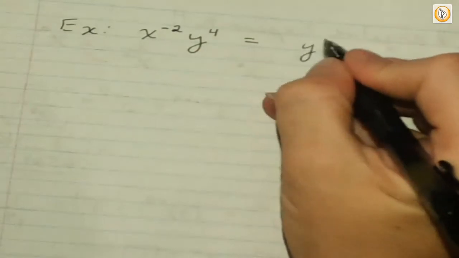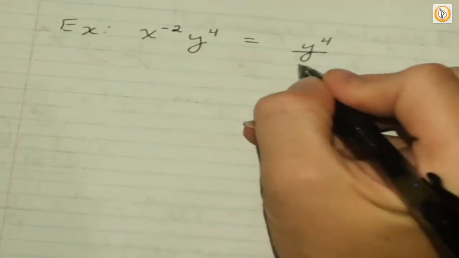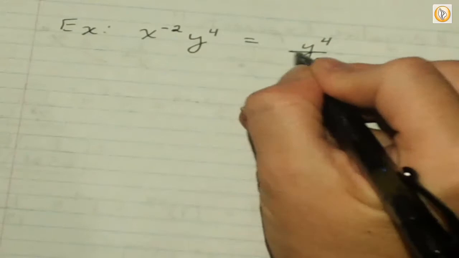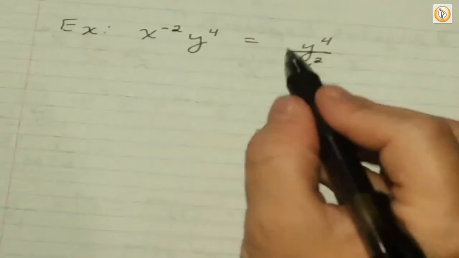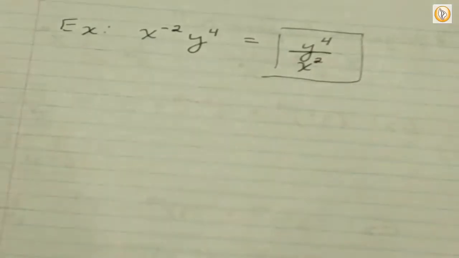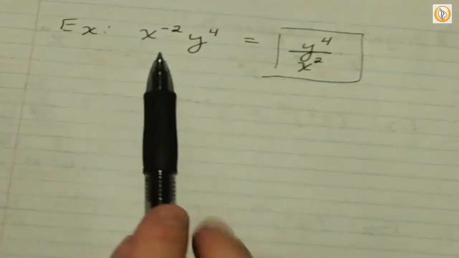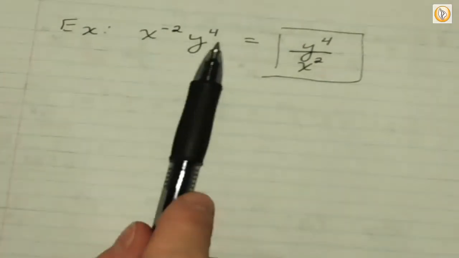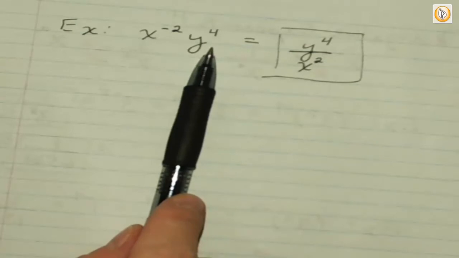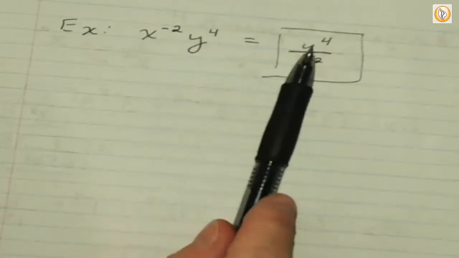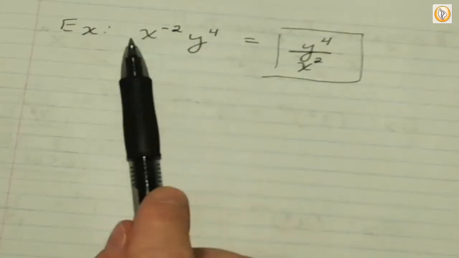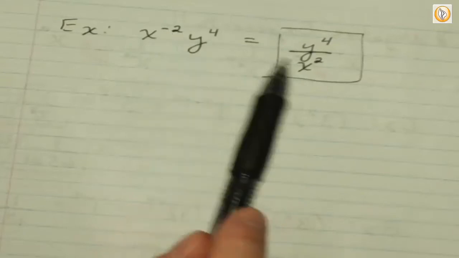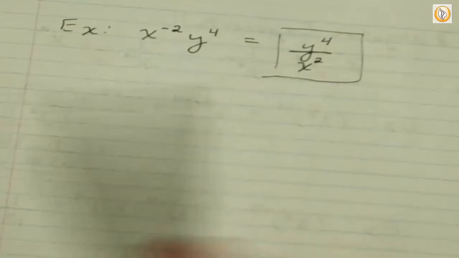Is it y to the 4th over x squared? Yep. There you go. The only thing, notice this, the x had a negative exponent, the y did not. So the y gets to stay on top, the x with the negative exponent goes on the bottom.